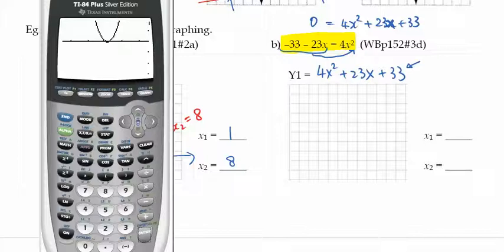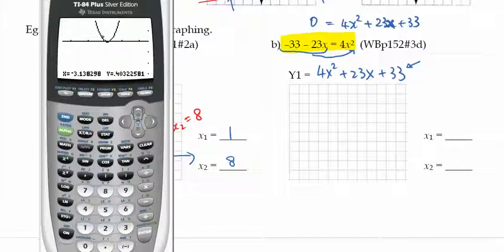Now you see how this parabola goes a little bit below the x-axis before it goes back up again. So if I take a look at this particular region here, I will be able to identify the zeros.